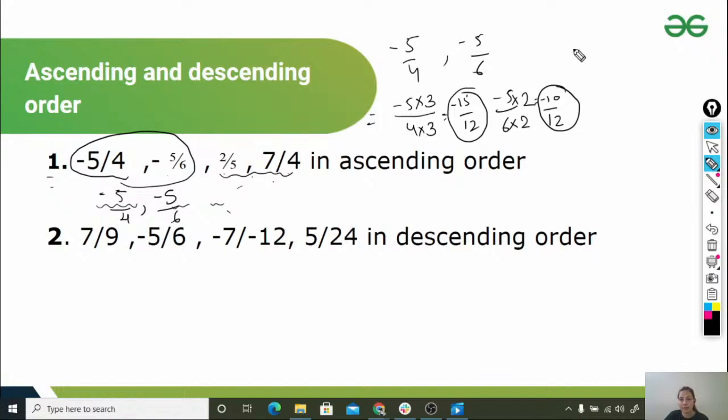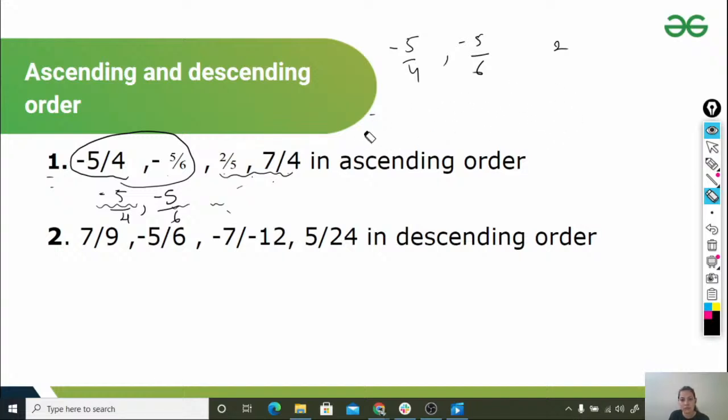Now 2 by 5 and 7 by 4 को compare करना है. Let me erase this. ठीक है, तो अब इसका LCM let's suppose 20. तो 5 से मैं multiply कर देती हूँ, इधर मैं 4 से कर देती हूँ to make the denominator same so that we can compare the numerators. 7 5s are 35, 4 5s are 20, 4 2s are 8, 4 5s are 20.